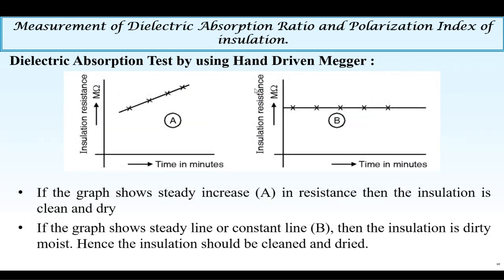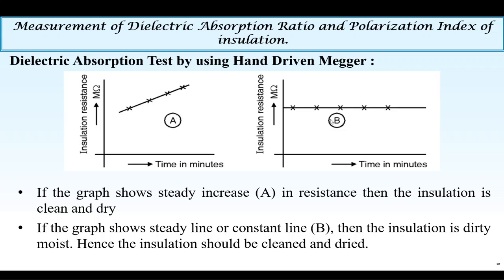After taking readings and plotting the graph, we have some characteristics. Here you can see graph A shows a linear steady increase, whereas curve B is a horizontal line, a constant. When we have a steady increase as shown in figure A, it indicates the insulation is clean and dry.